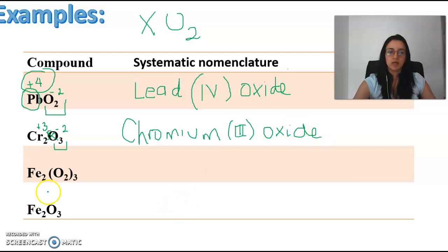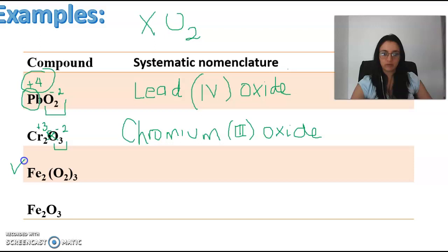That's how it works. And then in here, you can try yourself and do these other 2 exercises. Looking here, we have a parenthesis, and the parenthesis is holding the peroxide ion, meaning this is going to be a peroxide. So I'm helping you there already to determine.